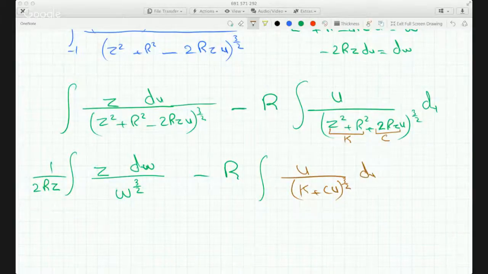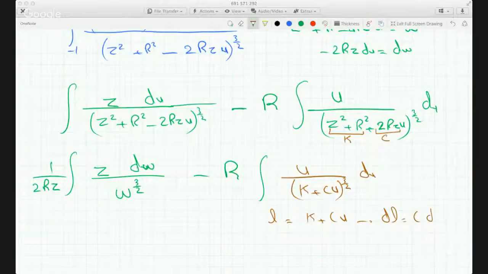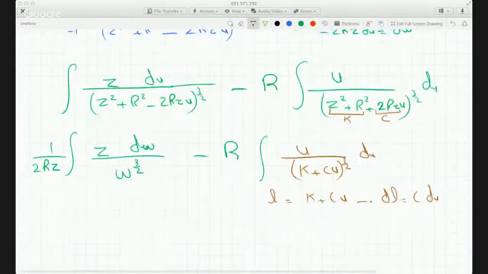So I'm going to call l equal to k plus cu, which means dl equals c du.